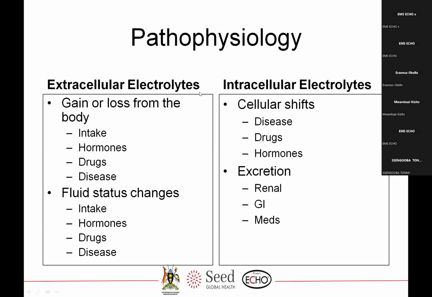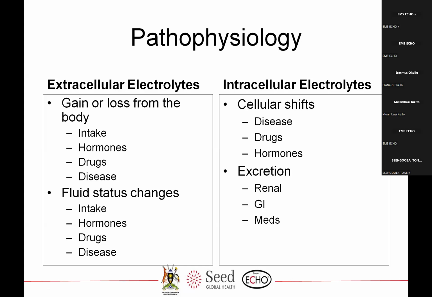So for extracellular electrolytes like sodium, the changes are going to be in terms of gaining the electrolyte or losing it from the body, like in the case of poor intake, or when you have hormones that are either increasing the uptake or increasing the loss. When you have medications that are altering the transit of these drugs through the body, and then some diseases indirectly affect electrolytes.